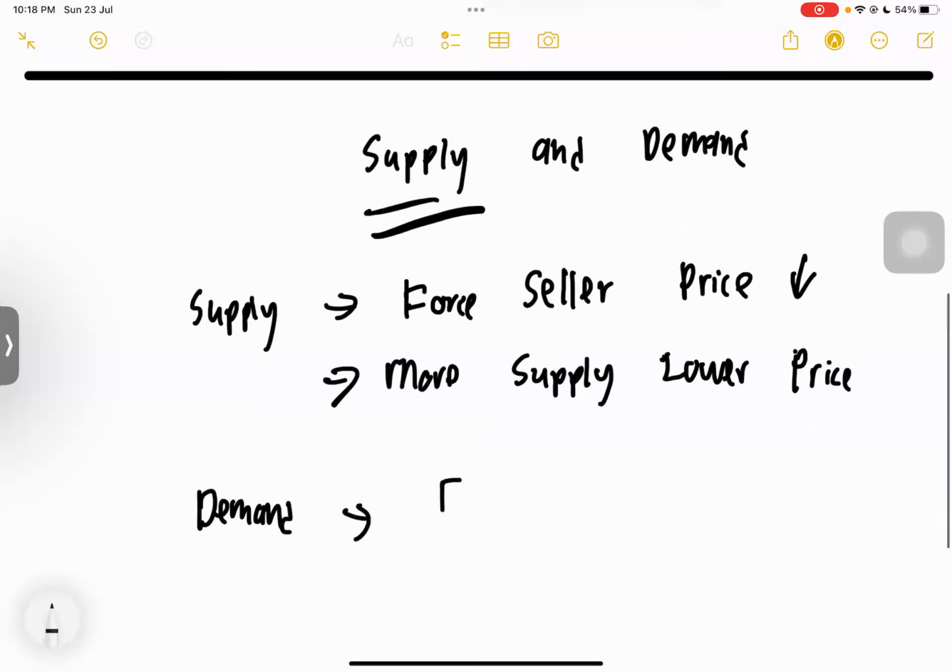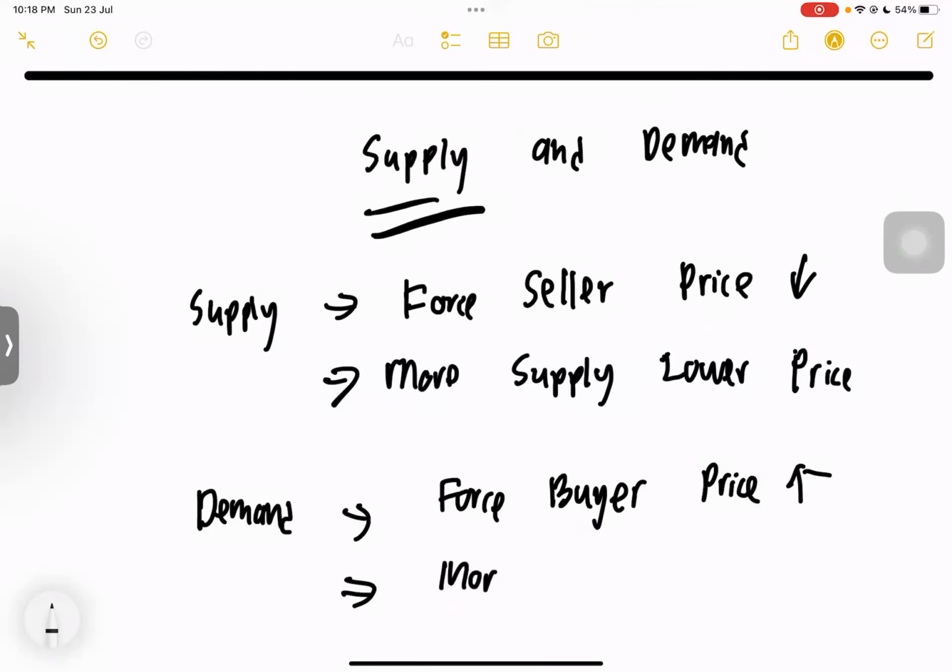Demand is the force of buyers, which causes the price to go up. And the more the demand, the higher the price. This is only the introduction for supply and demand, in theory terms.